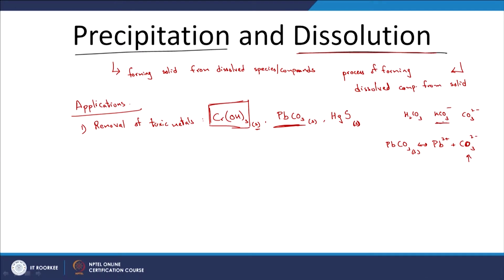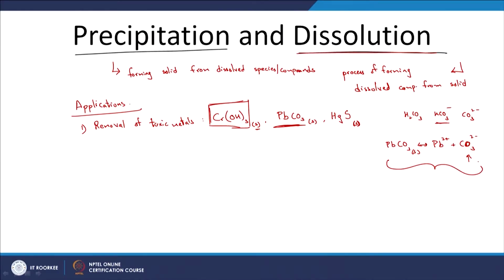So when will CO3 2 minus exist in solution at relatively high concentrations? Only when the pH is relatively high. Otherwise, at neutral pH or in that range, HCO3 minus is going to be predominant and thus you are not going to have relatively high concentrations of CO3 2 minus. So as we keep progressing further, you need to understand that each and every aspect that we have discussed earlier works in conjunction: acid base, aqueous complexes and precipitation.